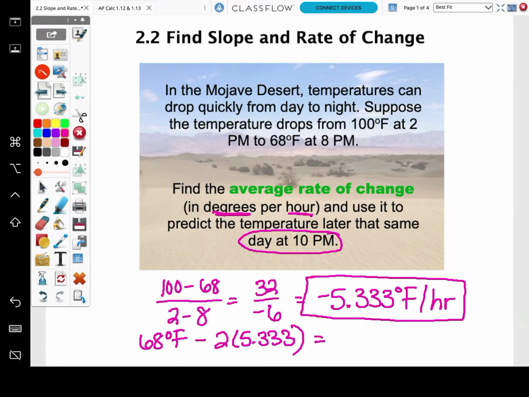If we take 68 and subtract 2 times 5.333, we would get something like 57.334. So it's going to be about 57 degrees Fahrenheit at 10 p.m. Okay, so we can make predictions based on the average rates of change.